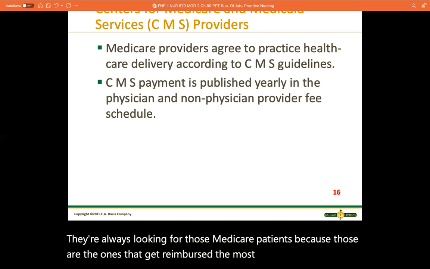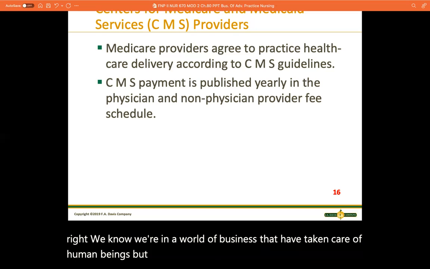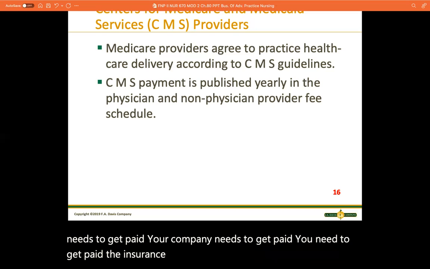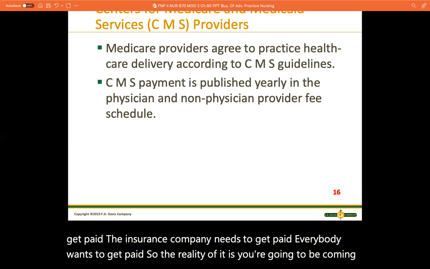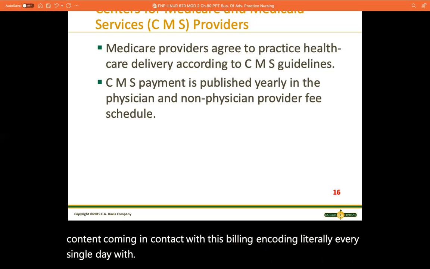And it's unfortunate, right? We're in a world of business of taking care of human beings. But unfortunately, the reality of it is everybody needs to get paid. Your company needs to get paid. You need to get paid. The insurance company needs to get paid. Everybody wants to get paid. So the reality of it is you're going to be coming in contact with this billing and coding literally every single day with every single patient you practice with.